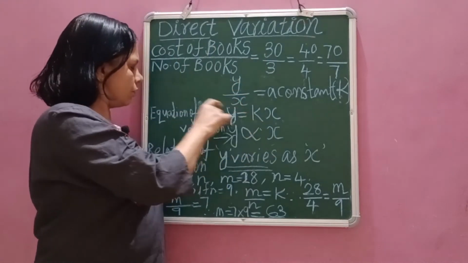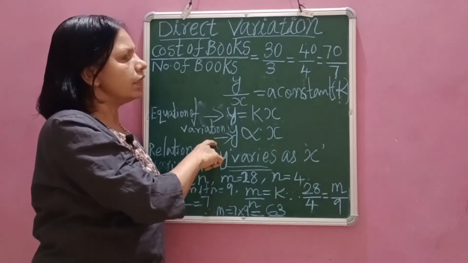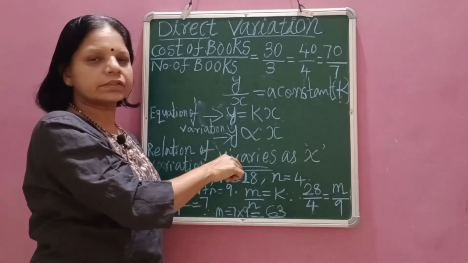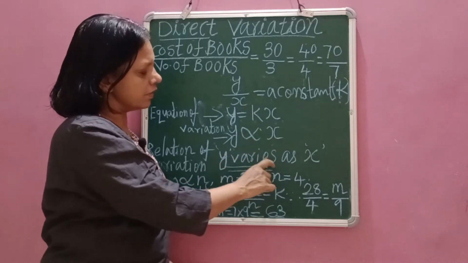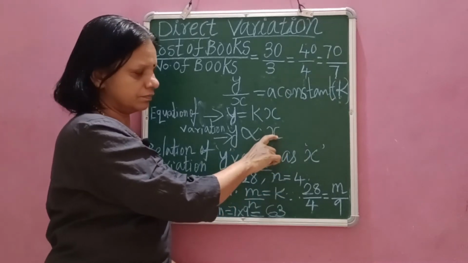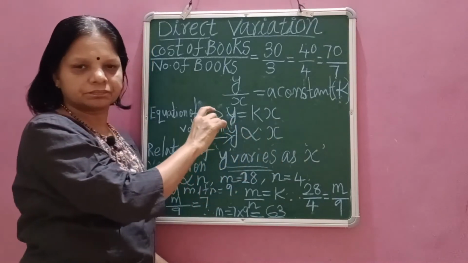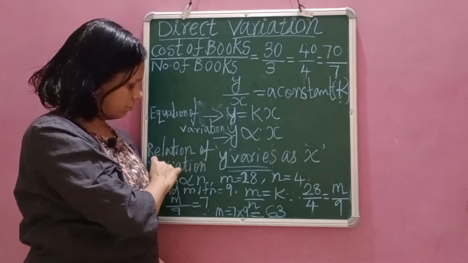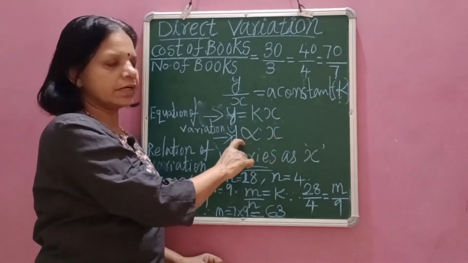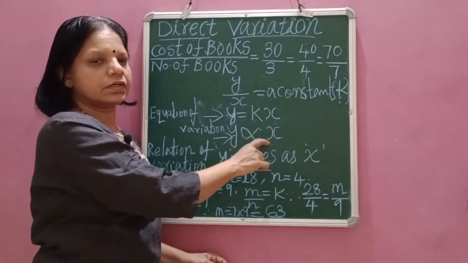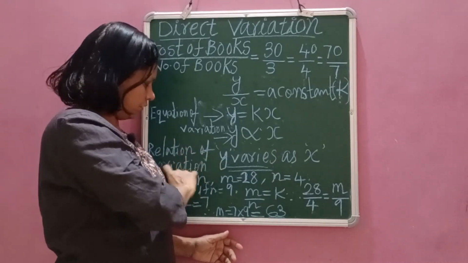This equation is called equation of variation. And the relation is expressed using the symbol, which is read as varies as. y varies as x. This is called relation of variation.